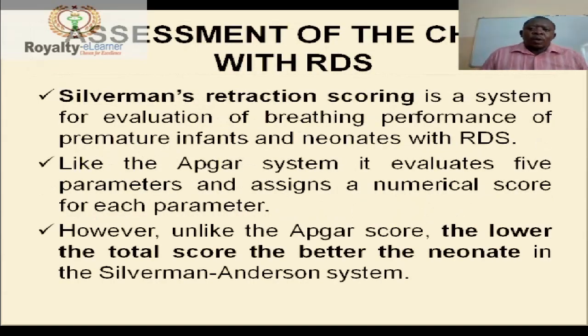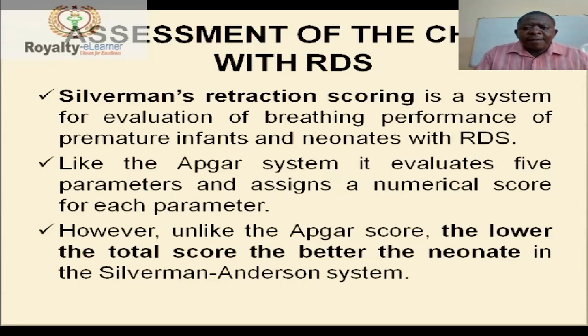So let's now look at assessment of the child with respiratory distress syndrome. There is an assessment called Silverman's retraction scoring, a system for evaluating breathing performance of premature infants and neonates with RDS. Like the APGAR system, it evaluates 5 parameters and assigns a numerical score for each.